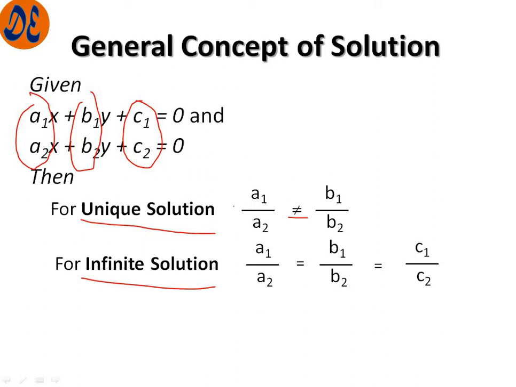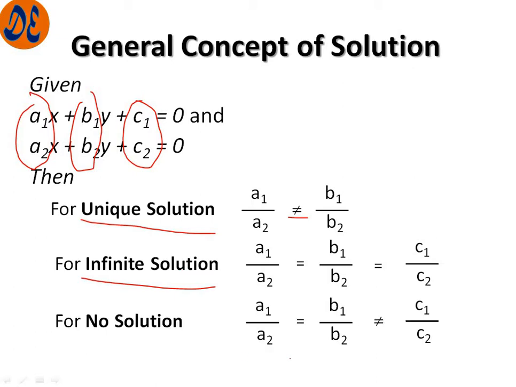Because we have already shown in the last video that both the equations become the same with a constant multiplier. With infinite solutions, these equations are also consistent because they give us common values of x and y.